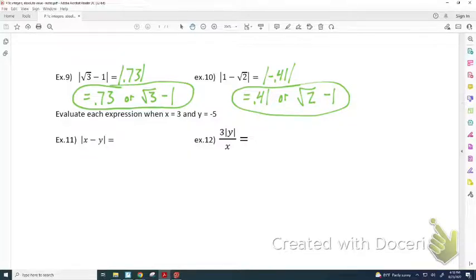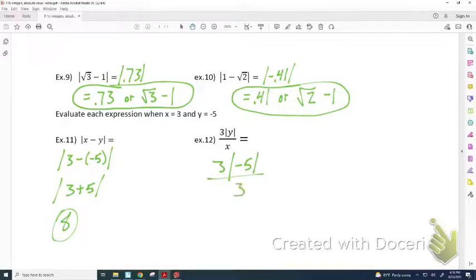Be careful with your signs. So here we go. We're going to go 3 minus negative 5, and I get 3 plus 5, which is 8. Careful with that double negative. Number 12, there's a few ways. Absolute value of negative 5, all over 3.